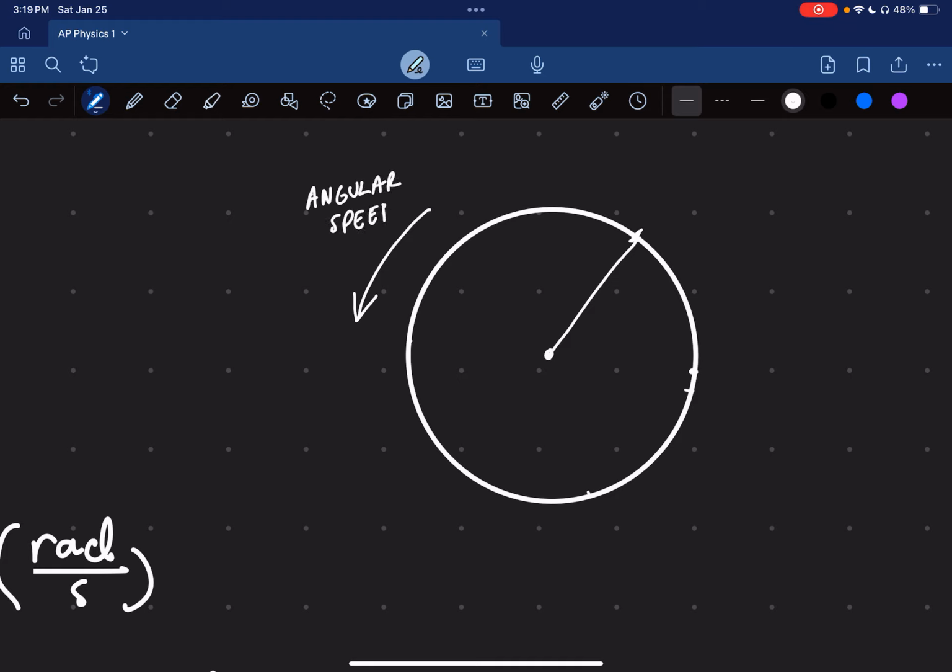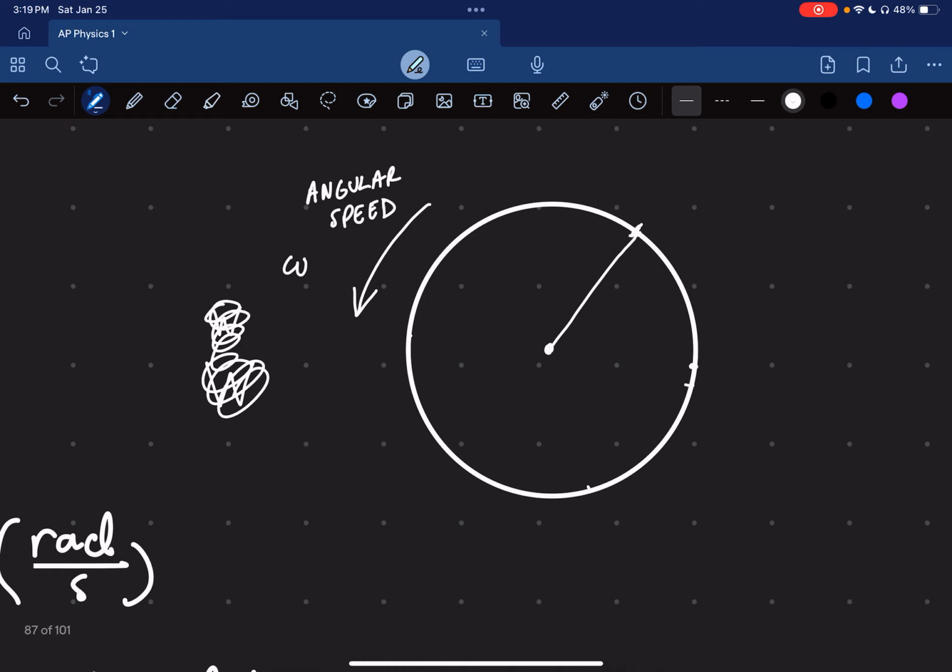And the letter we use for that is a Greek letter called omega. So right away, I'm going to say this is not W, so don't write that. This is omega, which means angular speed, or it goes by many names: angular speed, angular velocity, rotational speed, rotational velocity. And it's how many radians per second it's turning.